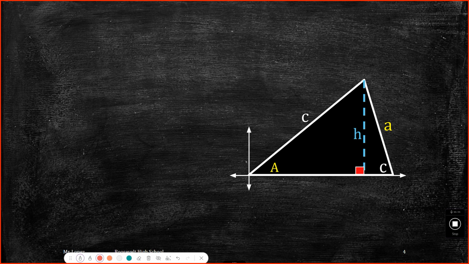Out of one triangle, we made two right triangles. So we draw this altitude here, and we got this right triangle here, and we got the other right triangle over there.